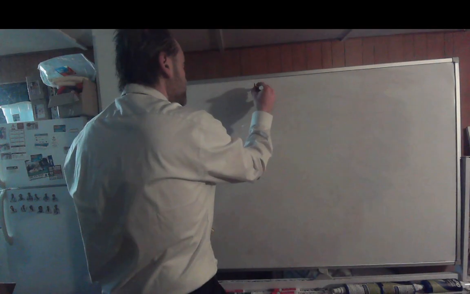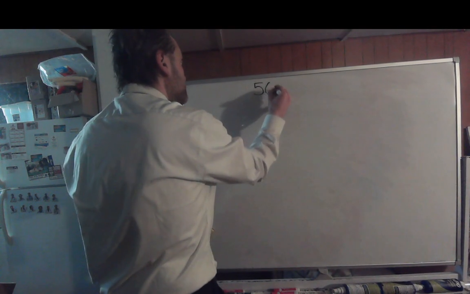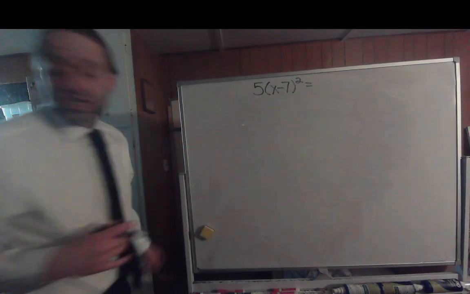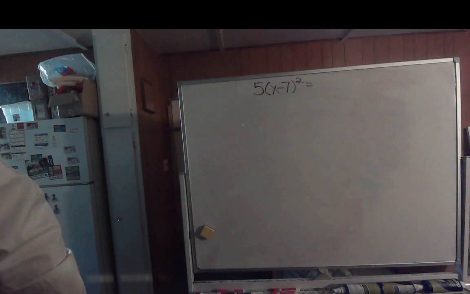All right. We got 5 times the quantity of x minus 7 to the second power is going to be equal to 135.